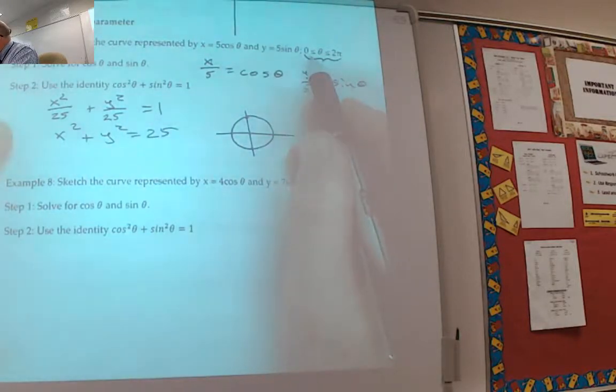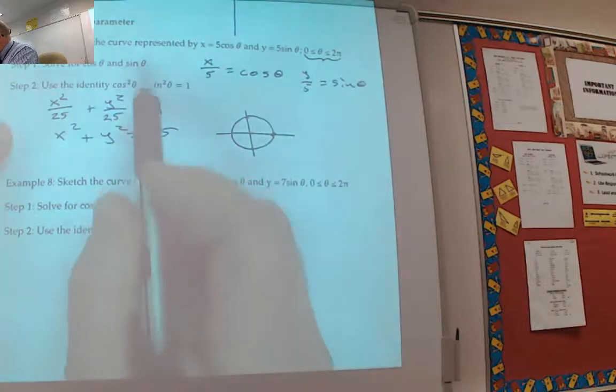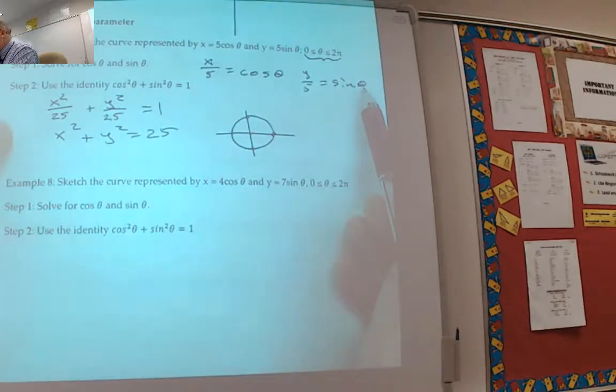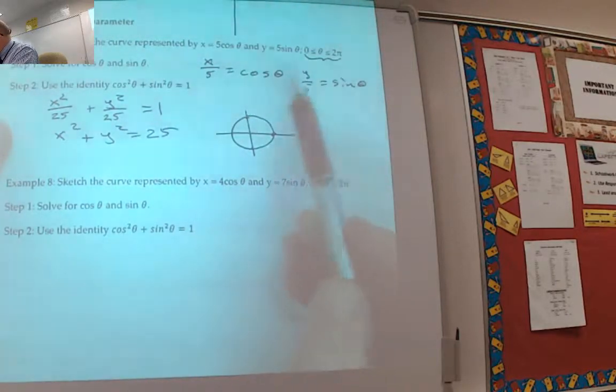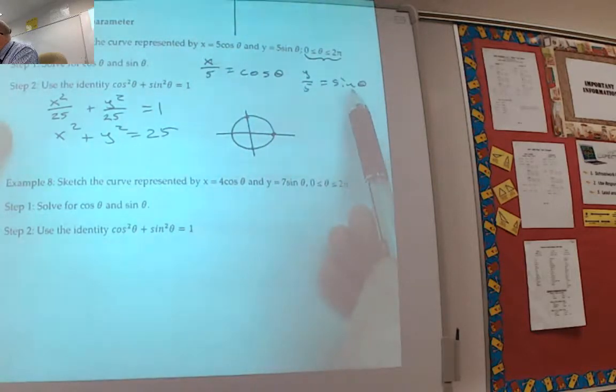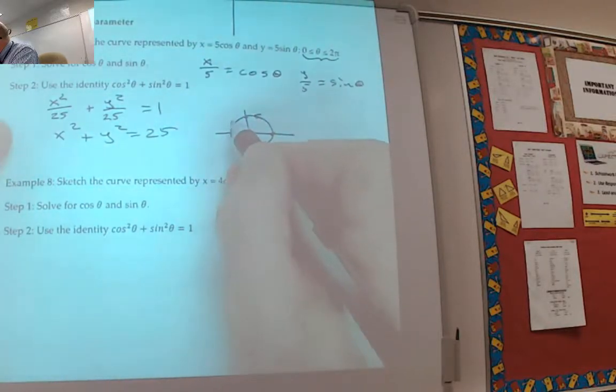So when we start at 0, we're starting right there because the cosine of 0 is 1 and the sine of 0 is 0. Then if I put in pi over 2, this is going to be 0 and this is going to be 1, correct? So it tells me that my orientation is this way.